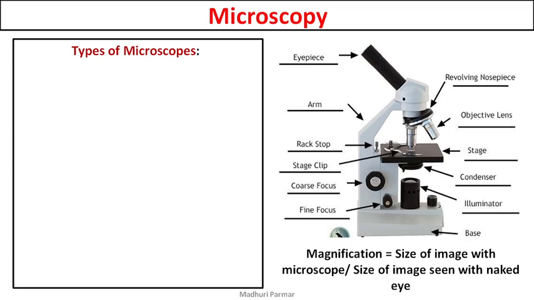In Antony van Leeuwenhoek's experiment, he used only one lens, so that was a simple microscope. Even you can use a magnifying glass, which is a simple microscope, while a compound microscope has a minimum of two different lenses.